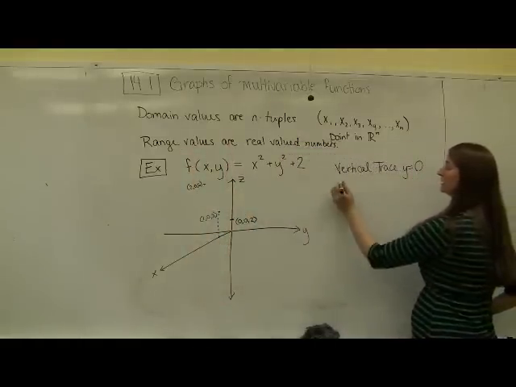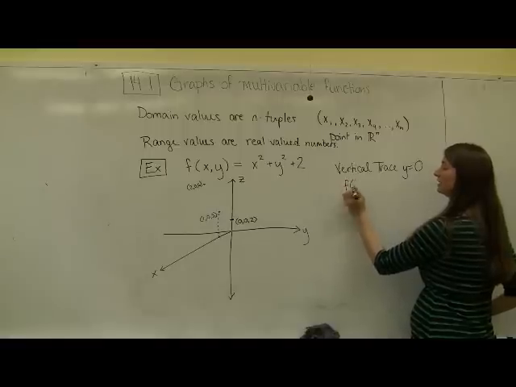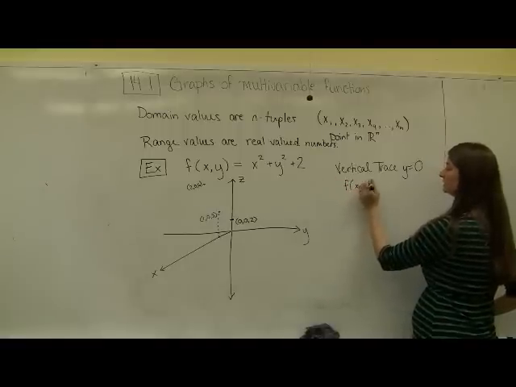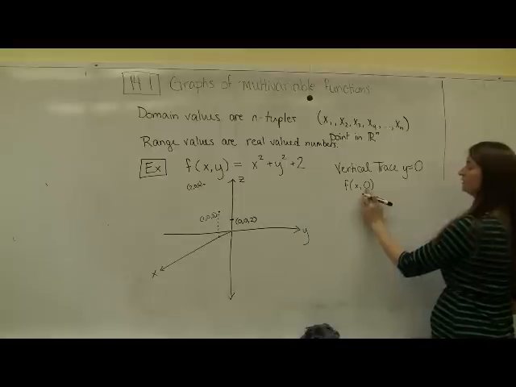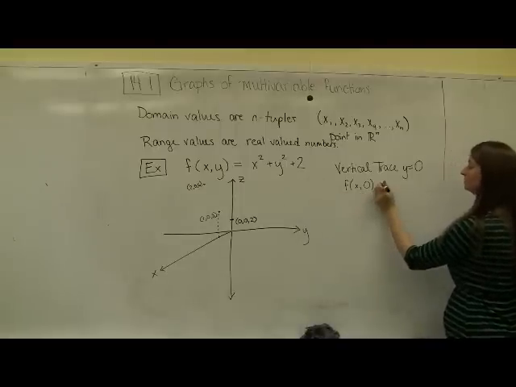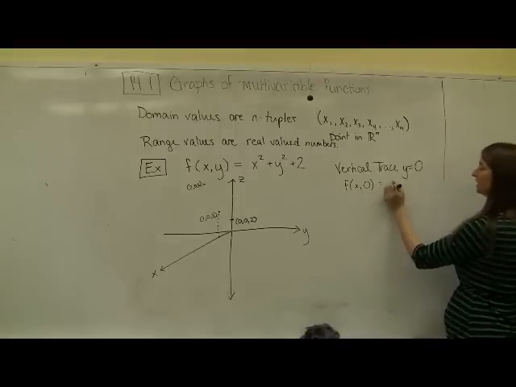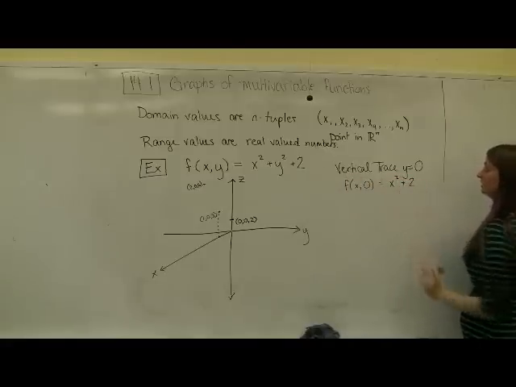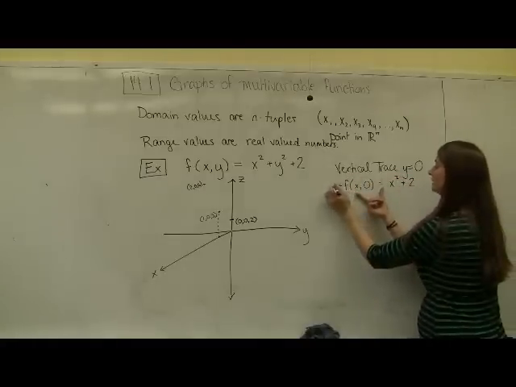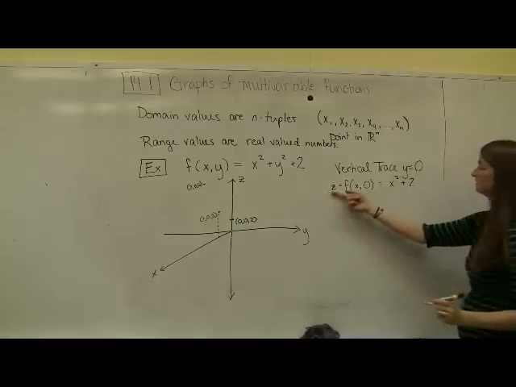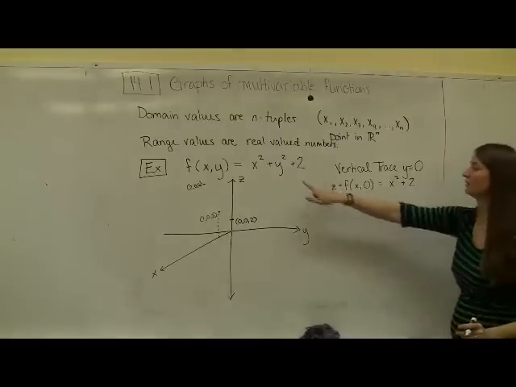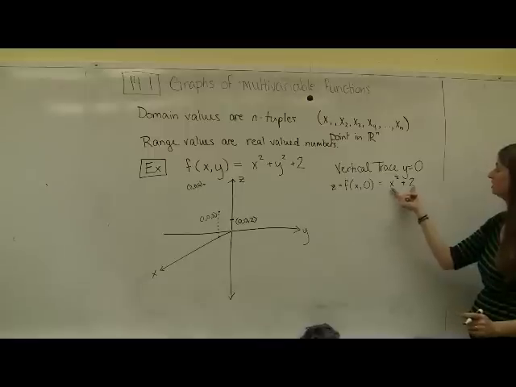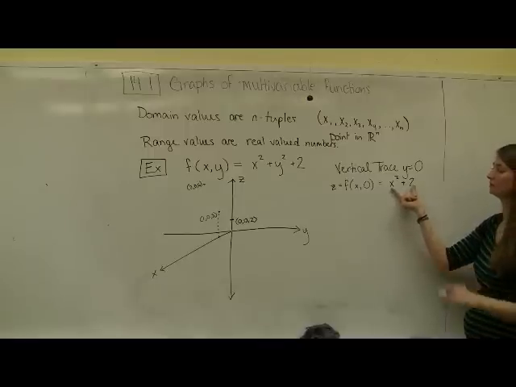Algebraically, when I evaluate it, I think about this as f of x, 0, plugging 0 in for y, but leaving x as a variable. I end up with x squared plus 0 squared plus 2. Meaning that in this case, my z component function, or the z values of the graph of this function, are going to be given by x squared plus 2, where y is always equal to 0.